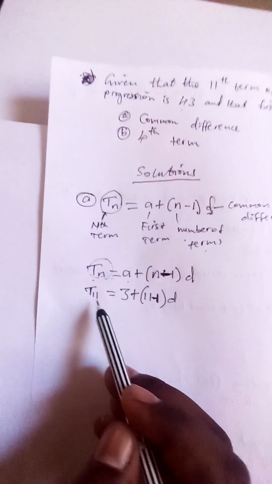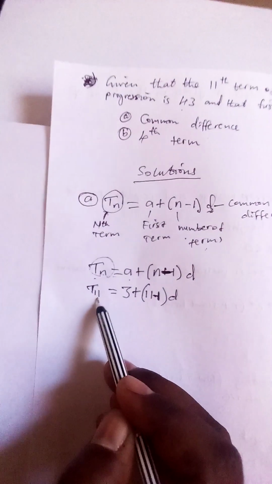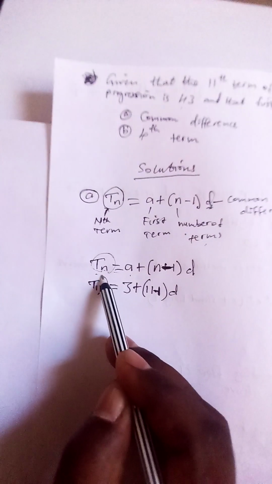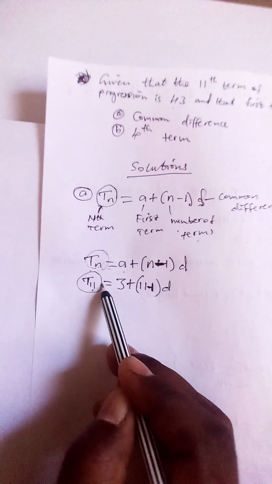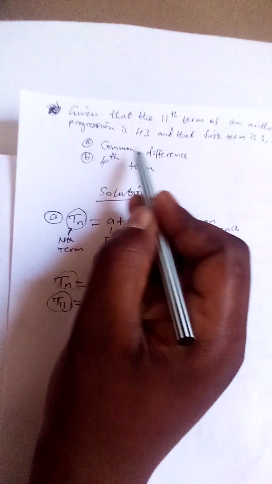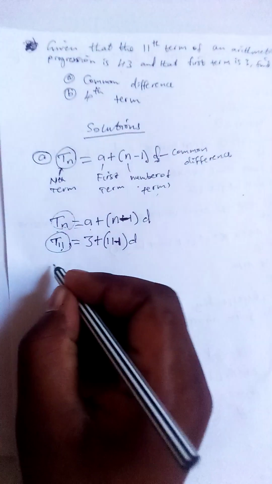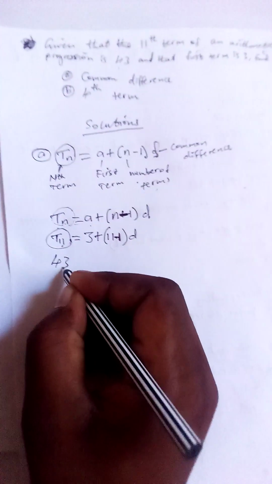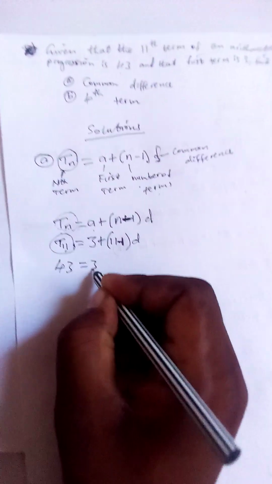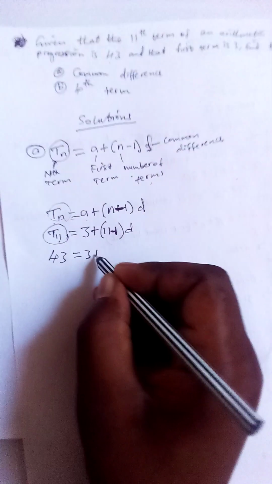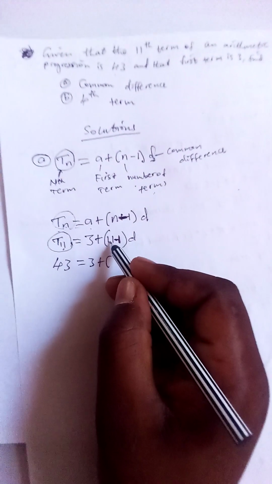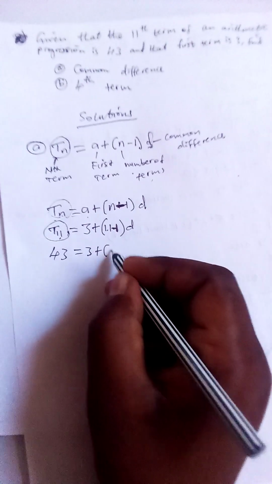Now when we replaced it with 11, it has become our 11th term, and we have been told that this 11th term is 43. So we're going to say 43 equals 3 plus open bracket 11 minus 1, it is 10.